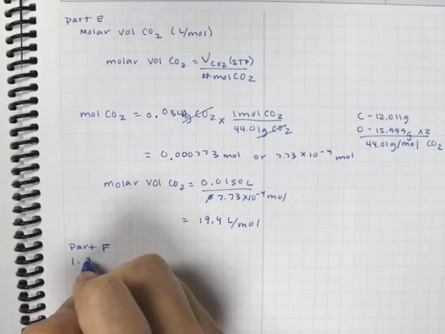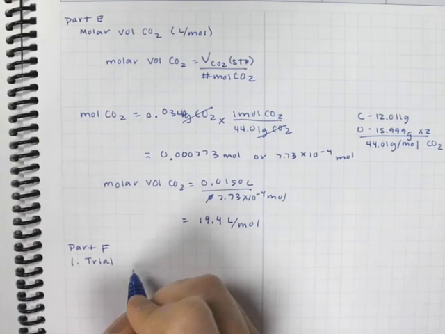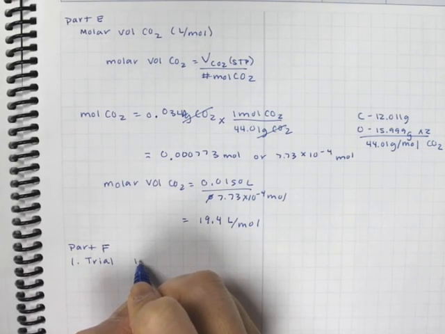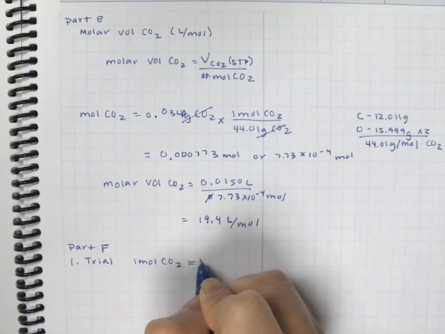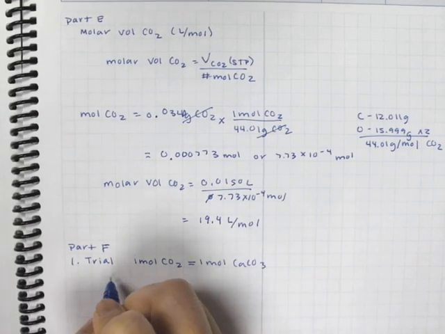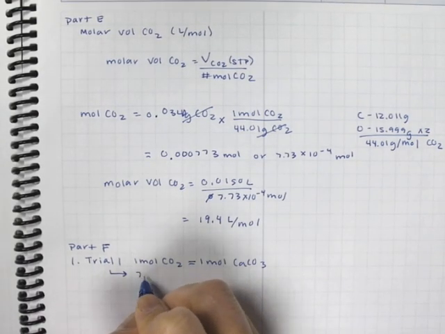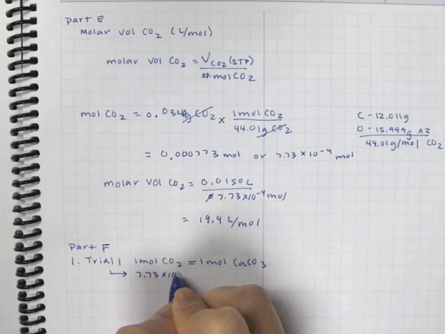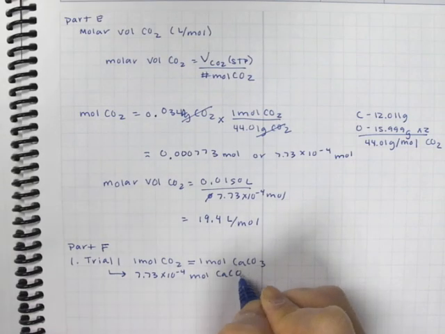For trial 1, the ratio is 1 to 1. If I made 1 mole of CO2, that had to use up 1 mole of CaCO3. So for trial 1, there are 7.73 times 10 to the negative 4th moles of CaCO3.